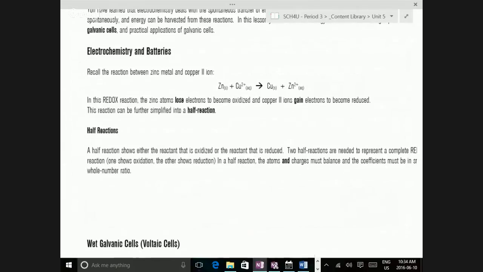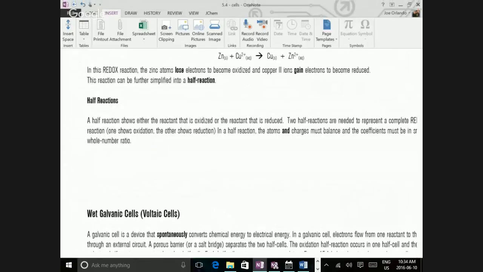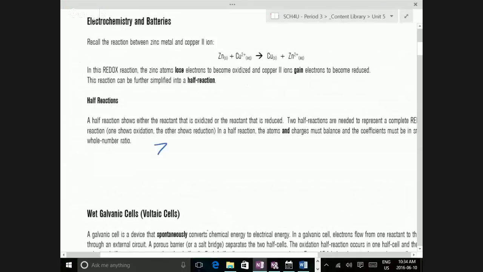Zn solid. Okay, so zinc solid. Now if we were going to make this a balanced redox reaction, I have the right number of zincs, so I don't need to worry about that. What's the next step?